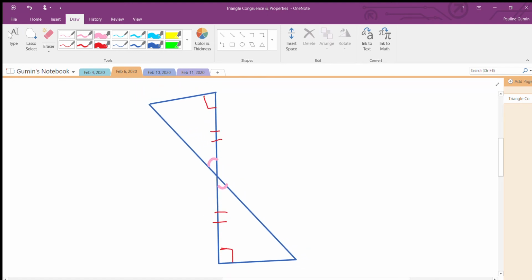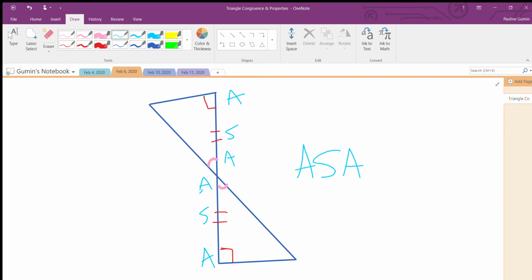Okay, so now we have 3 things, 3 parts to work with. Let's label. We have angle, we have a side and an angle. Angle, side, angle. Our third way of seeing congruency is through angle, side, angle.